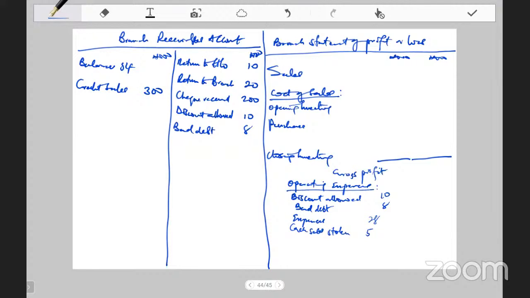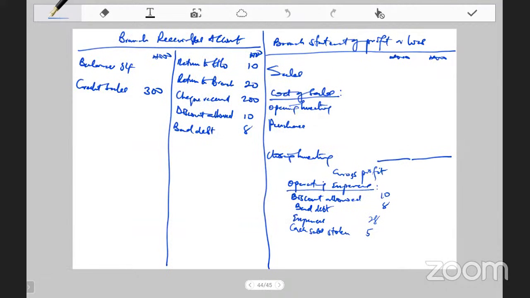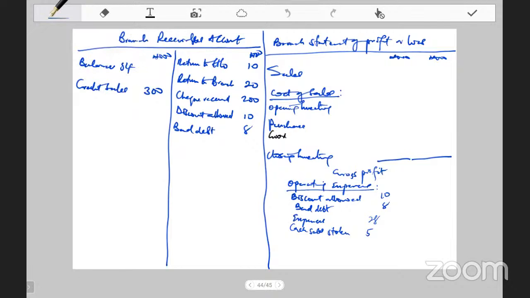Then I have goods stolen. The goods stolen is 15, which comes here as goods stolen 15. But don't forget, the goods stolen will be divided into two. I need to know the element which is cost. At cost, I have 15 times... Now, the question is this: what is the cost element? If I have been told that the goods is sent at a markup of 20%, what will be my cost?